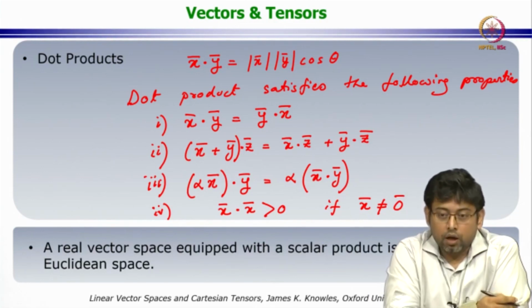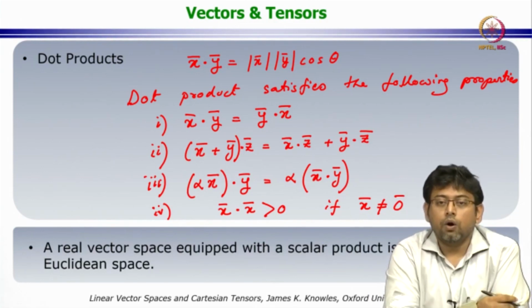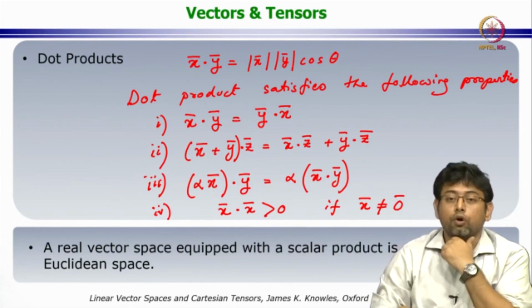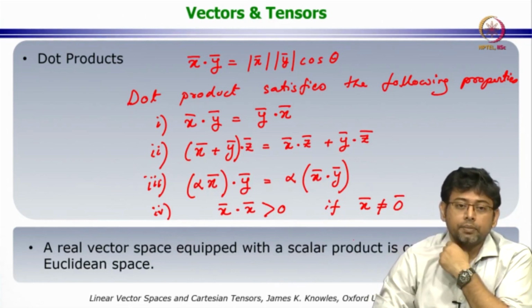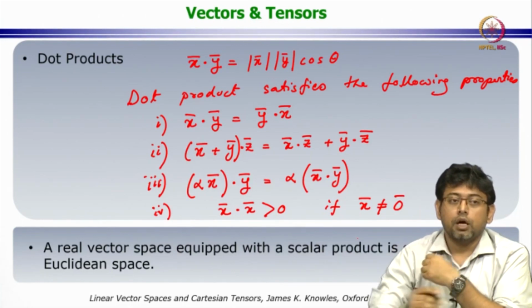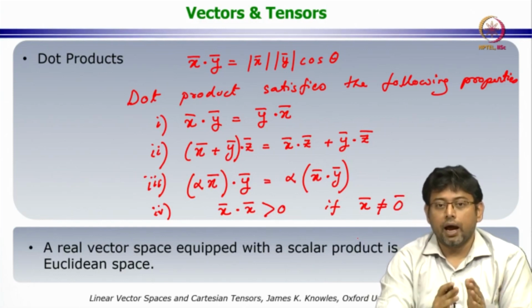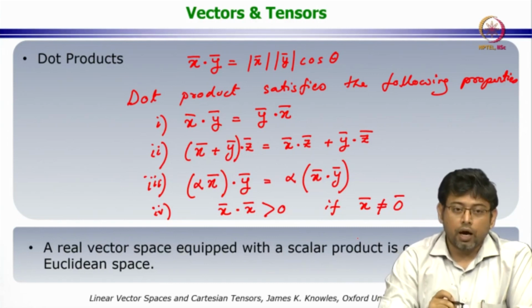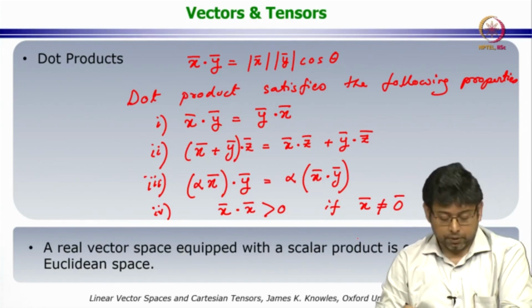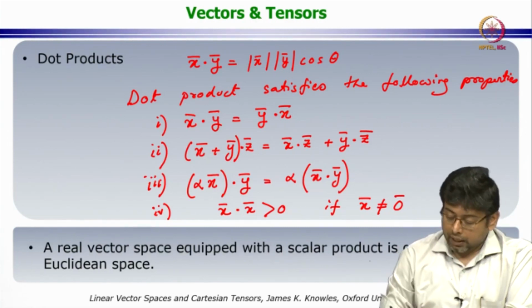Right. So as I said before, not all vector spaces need to have dot products. There will be some vector spaces which have this sense of metric and this sense of geometry. A particular type of vector space is one equipped with a scalar product.